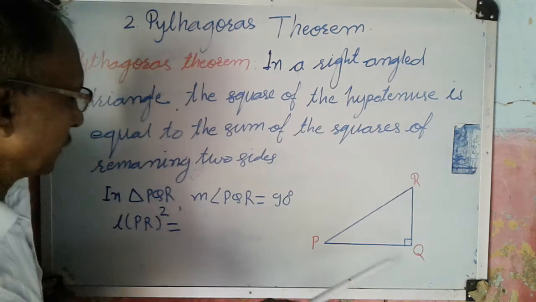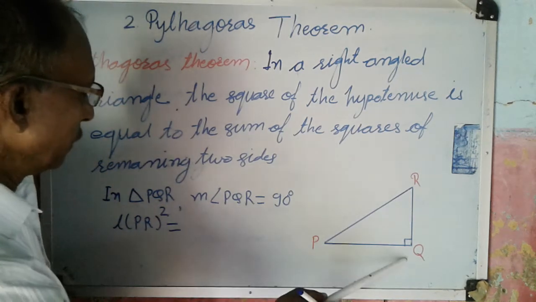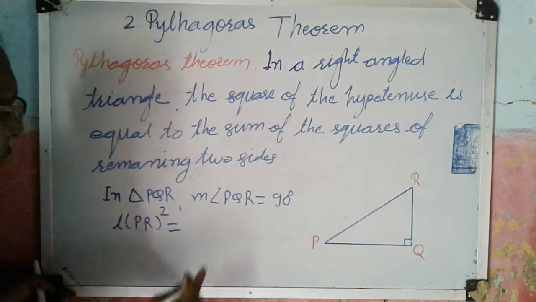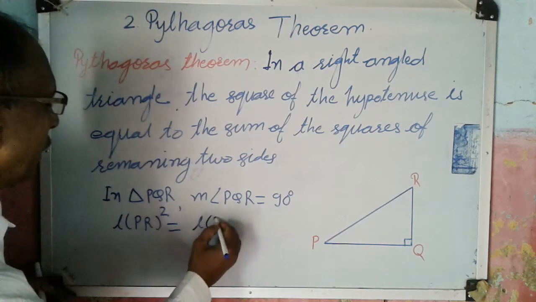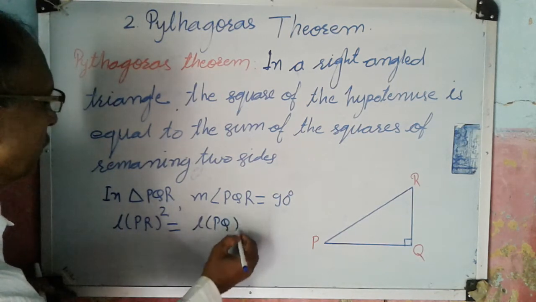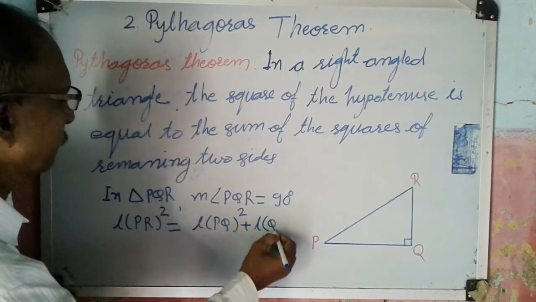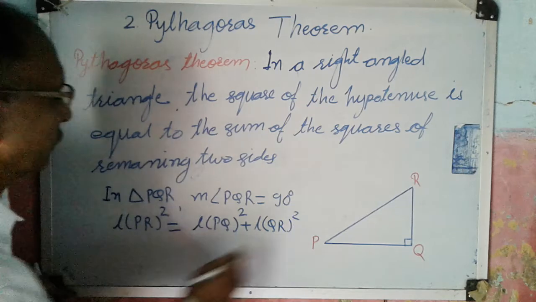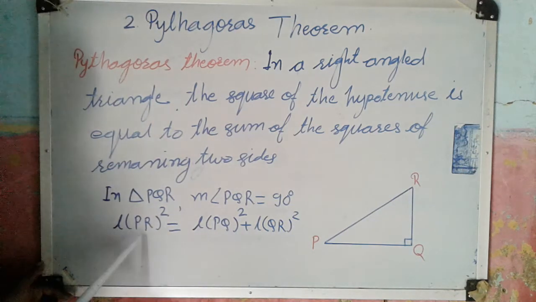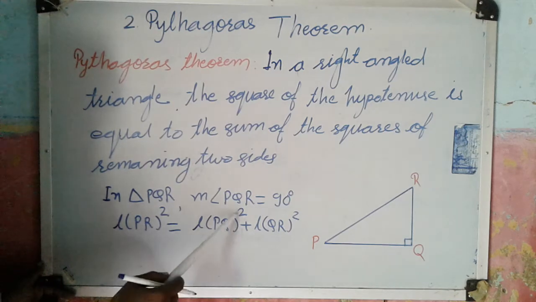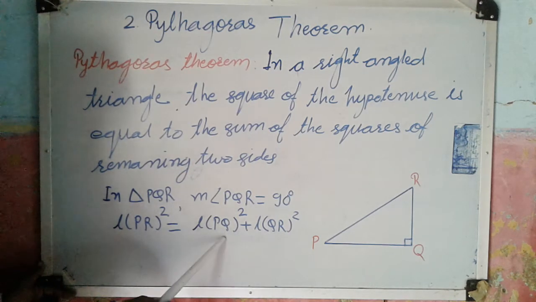The remaining two sides are PQ and QR. That means length of PQ square plus length of QR square. Hypotenuse square is equal to sum of the squares of remaining two sides.